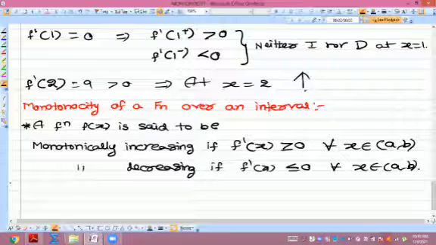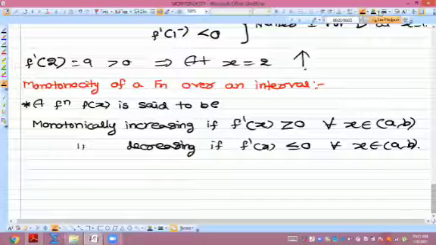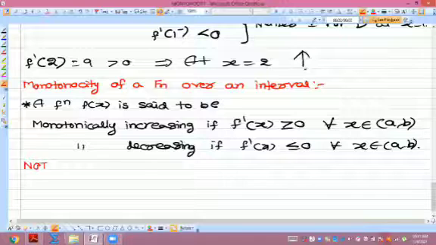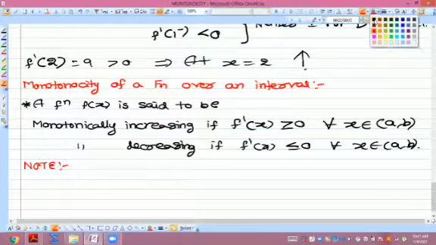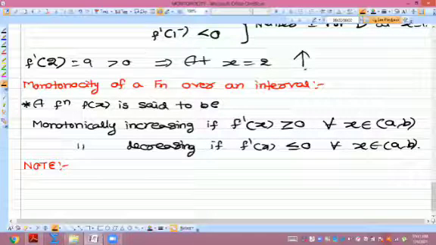Why am I keeping the equal sign now? Anyone tell me, why are we keeping the equal sign here? If it is equal to 0 also, still there is a possibility of increasing or decreasing.